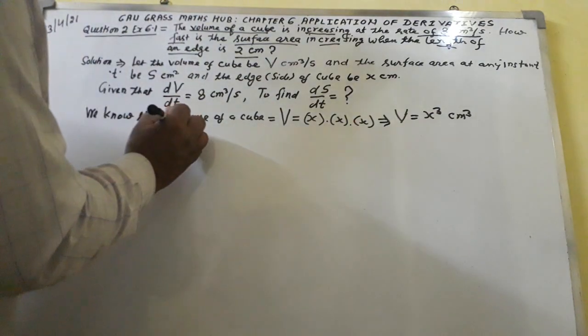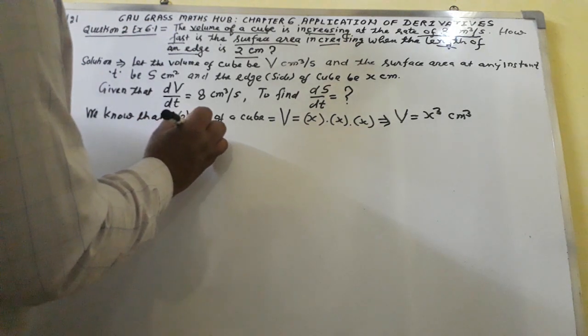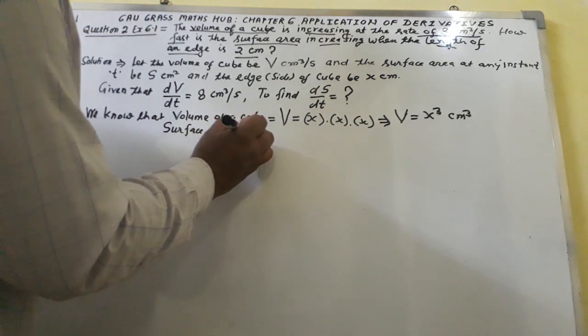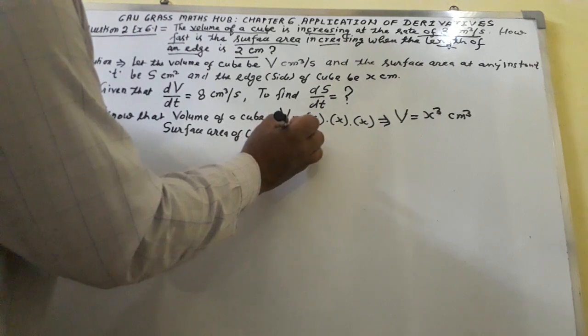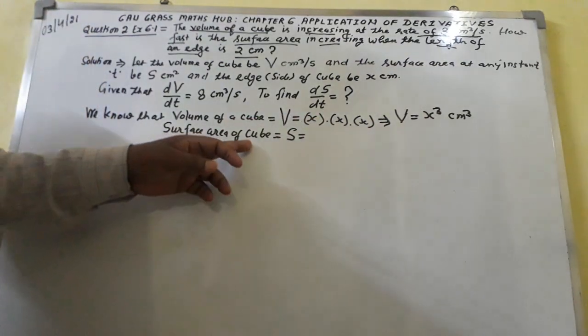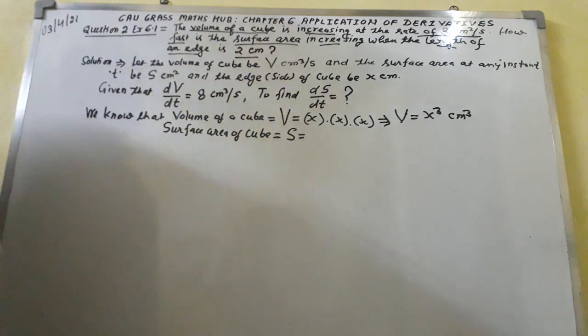and here I shall write surface area of cube, S. A cube has 6 faces.